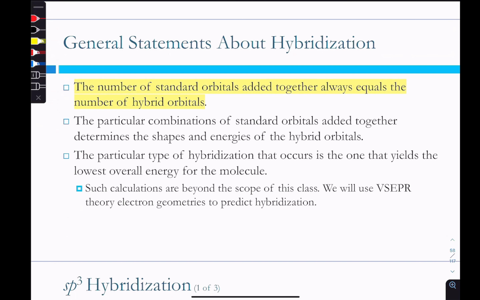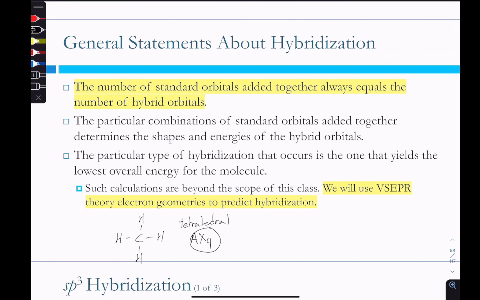And we're going to predict that hybridization using VSEPR theory. So for CH4, we would say that's tetrahedral. We also know that this would be AX4. And it's actually this X4 that tells you what the hybridization is.